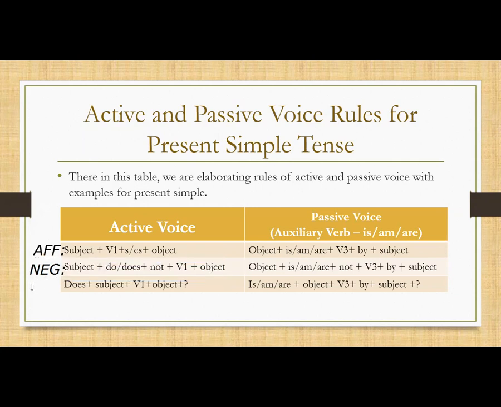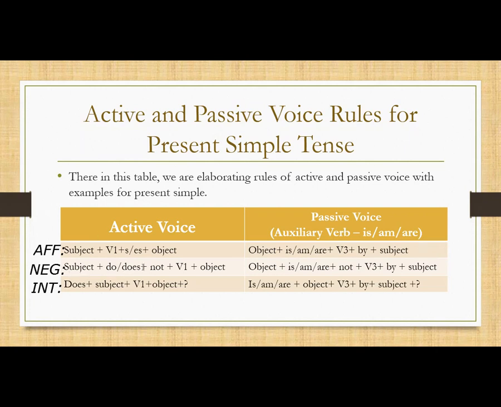And this is interrogative. Affirmative is this. And while changing to the passive voice, the auxiliary verb is is, am, are. So the structure will be object plus is/am/are plus verb third form plus by plus subject.